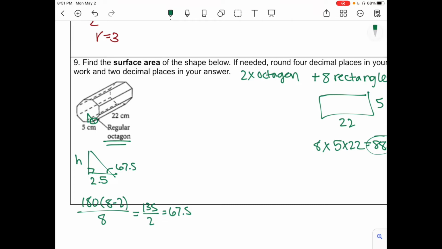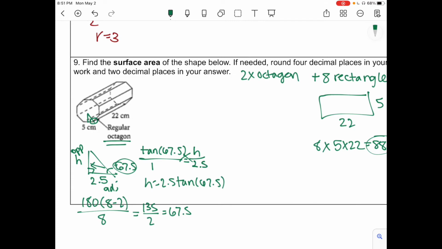So now to find the height, we're going to use opposite over adjacent, which would be tangent from SOHCAHTOA. So tangent of 67.5 over 1 equals opposite, which was h, over adjacent, which is 2.5. Then we're going to cross multiply, so h equals 2.5 times tangent of 67.5.